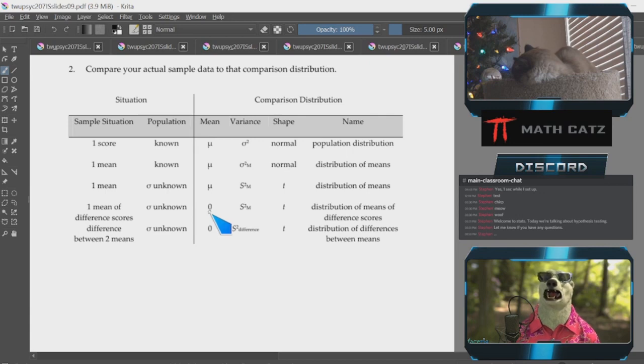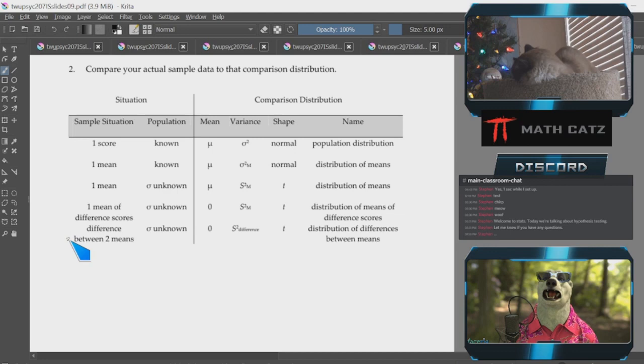The mean is now 0 under the null hypothesis because I'm trying to compare some sort of difference. T-distribution, comparison distribution is the distribution of means of difference scores.